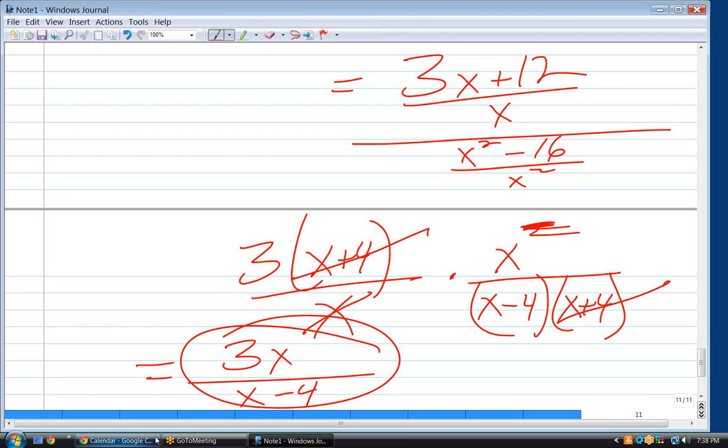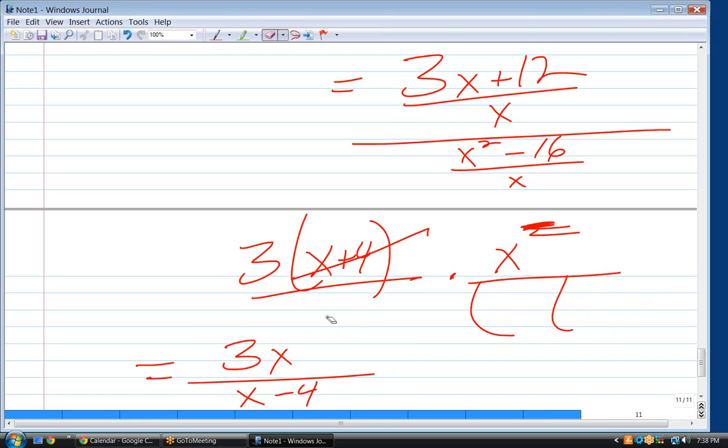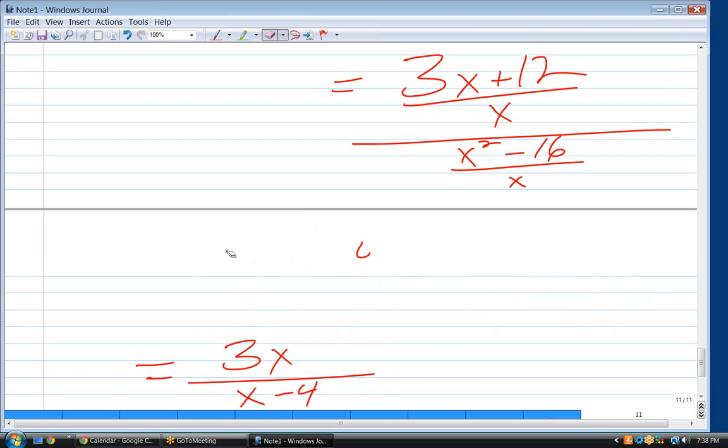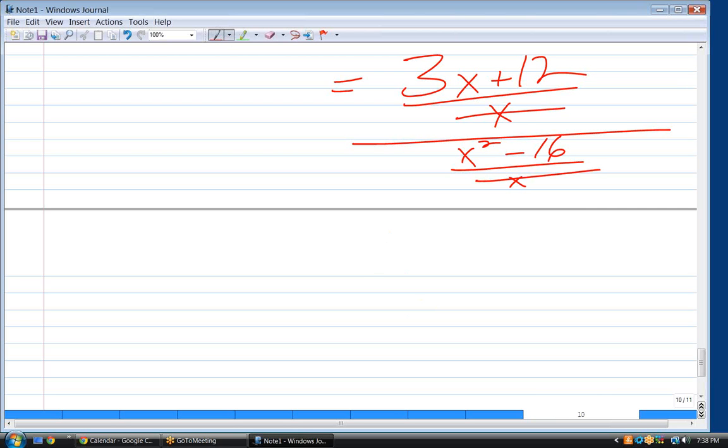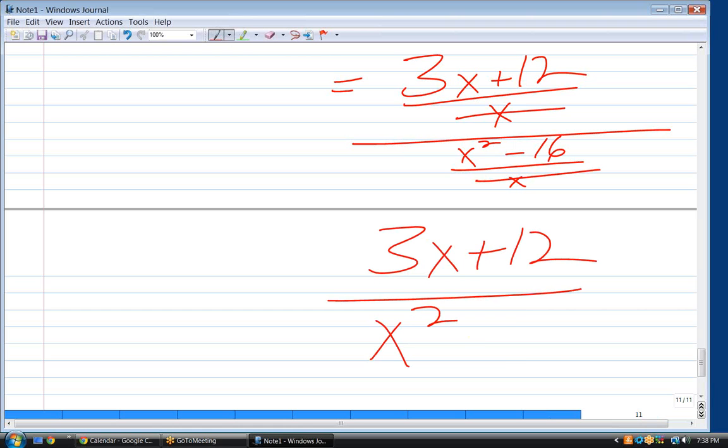Now whenever you get a situation, if you take a look at this fraction up here, if that wasn't x squared, let's say it was x like that, I've got the same denominators. I can just cancel them out like that, leaving 3x plus 12 over x squared minus 16.